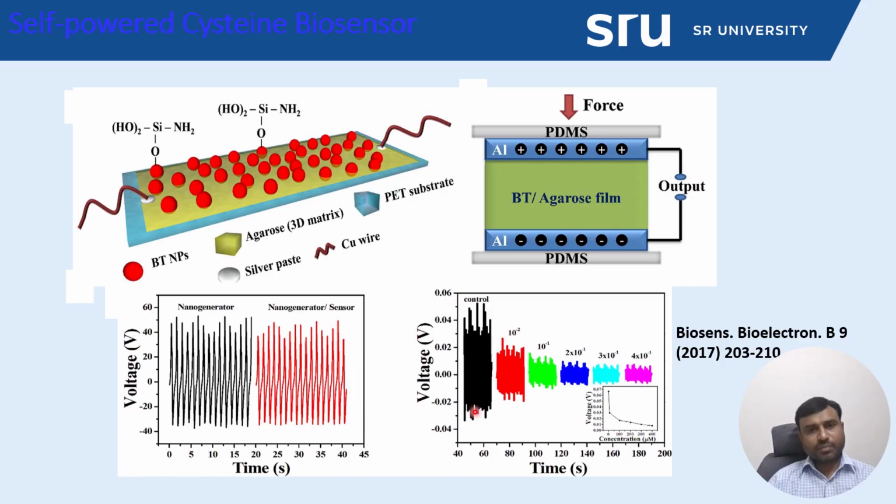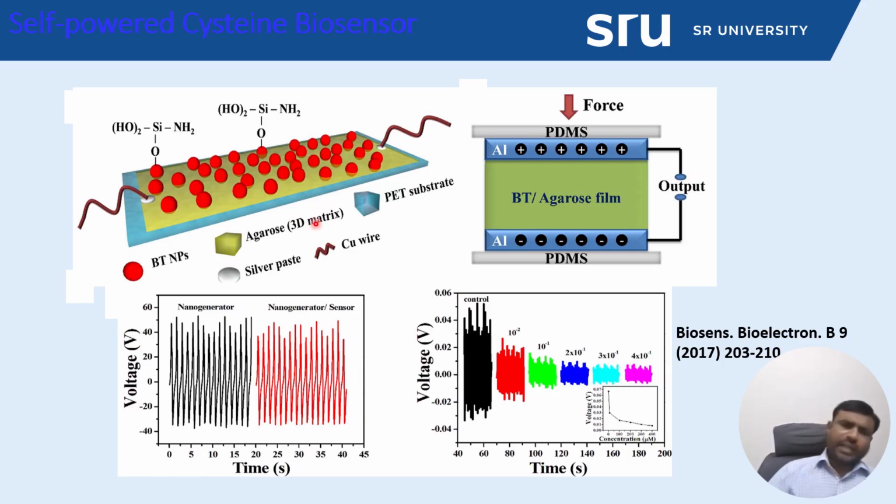Here, for example, are the different concentrations and the voltage response. This is the control, the as-fabricated nanogenerator output voltage. When adding cysteine at different concentrations, it significantly affects the output voltage of the nanogenerator. So based on this output, we can easily correlate it for the cysteine biosensor.